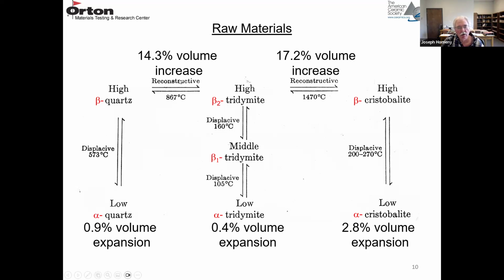You want to convert all the quartz to either tridymite or cristobalite, preferably tridymite, because of the lowest volume expansion. So when you do the reconstructive transformations, you're eliminating these large volume increases by eliminating the quartz.